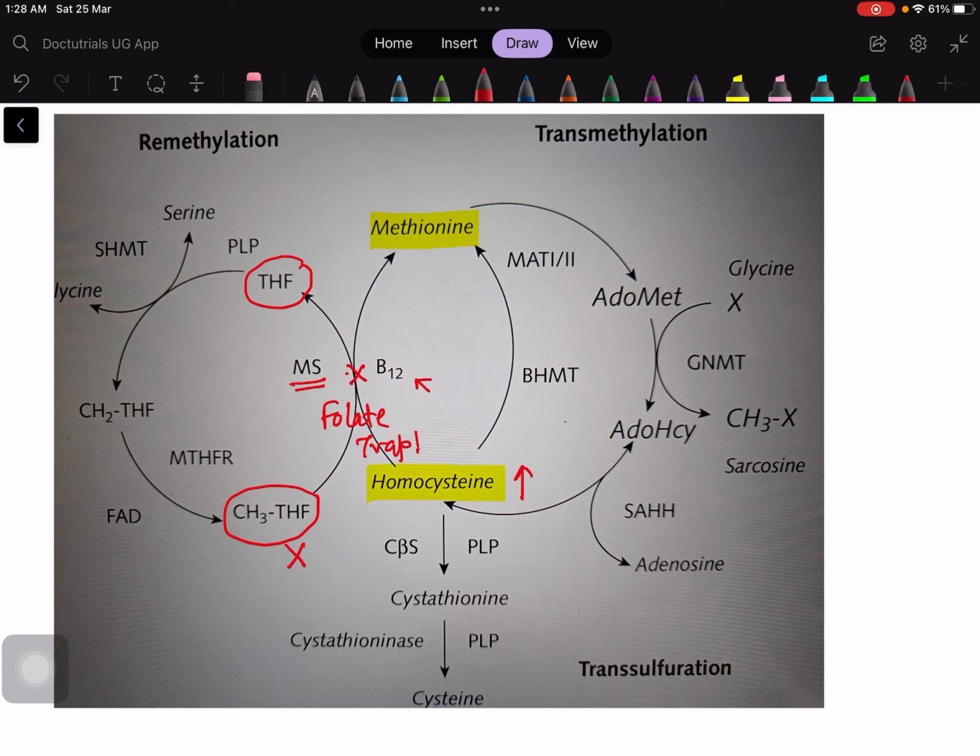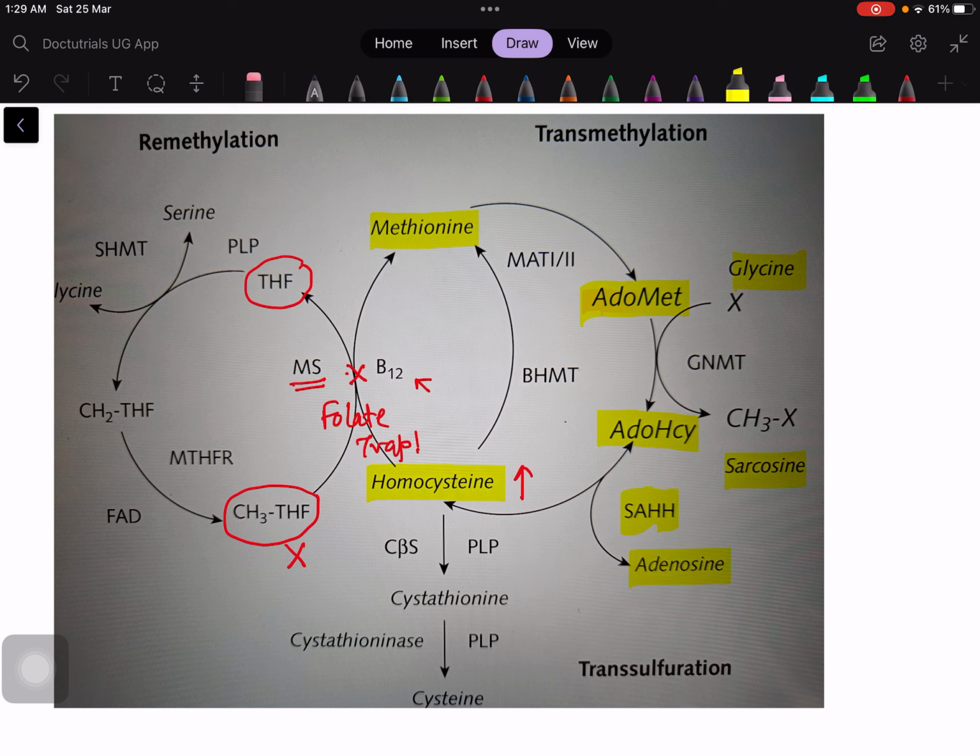The methionine gets converted into SAM. The SAM provides the methyl group to glycine, resulting in the formation of sarcosine, and gets converted into S-adenosyl homocysteine. S-adenosyl homocysteine is acted upon by the hydrolase, whereby adenosine and homocysteine are released.